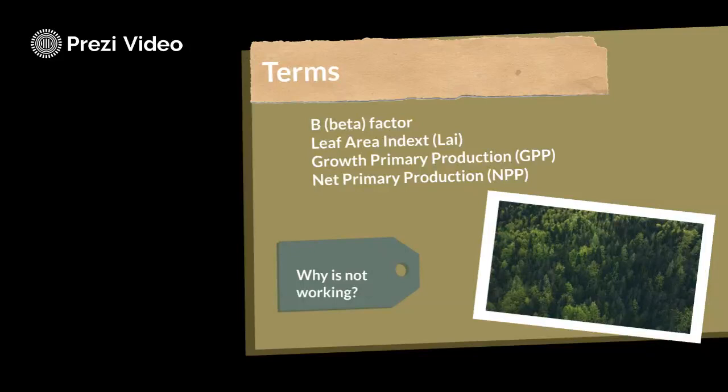This is due to the direct effect on foliar physiology and the indirect effects on LAI. Now, what is LAI, you may ask? LAI is the leaf area index, which is the projected area of leaves over a unit of land.